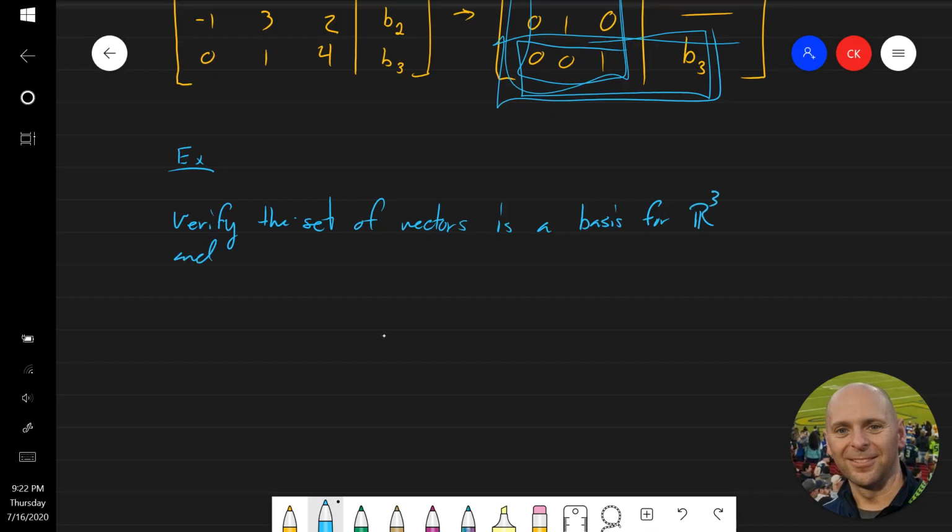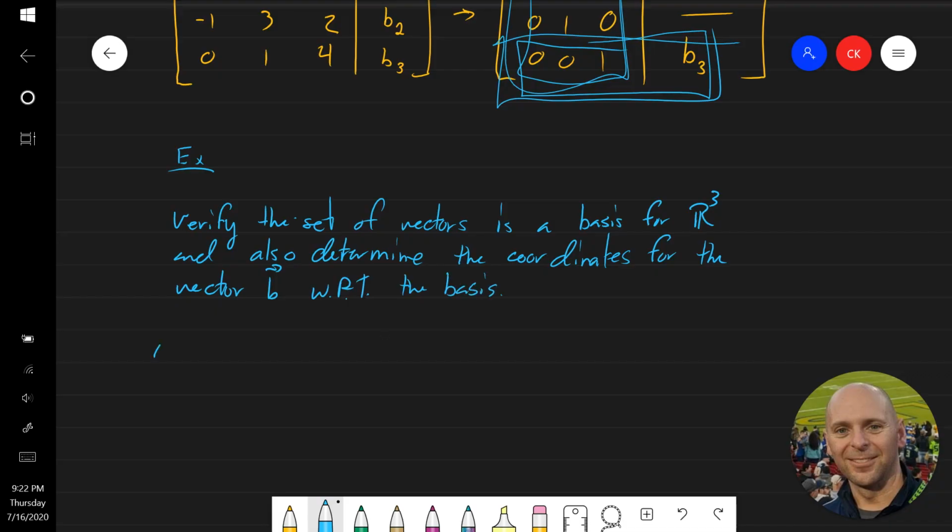And I'll also have you determine the coordinates for the vector B with respect to the basis.